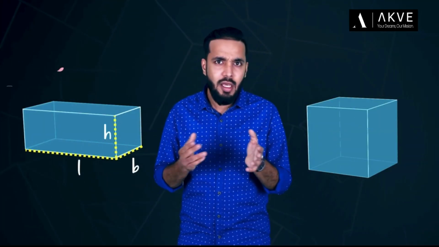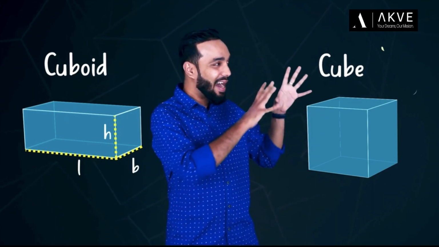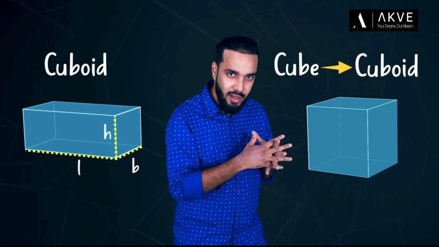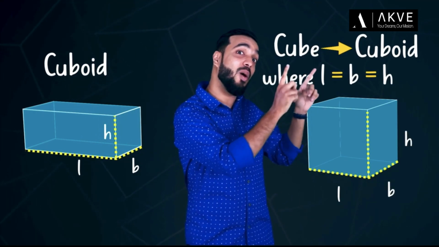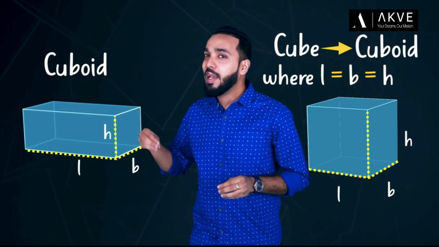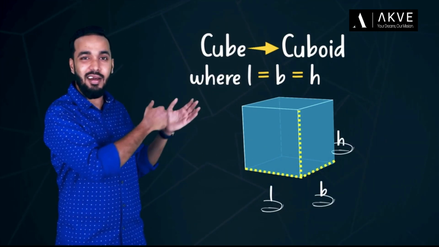What's the difference between a cuboid and a cube? A cube is also a cuboid, but here the length, breadth and height are all equal. So instead of using L, B and H, we can simply use S here.